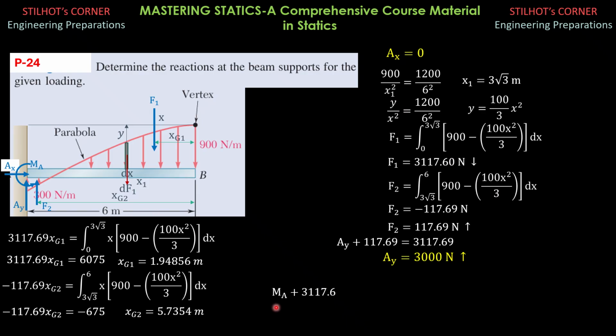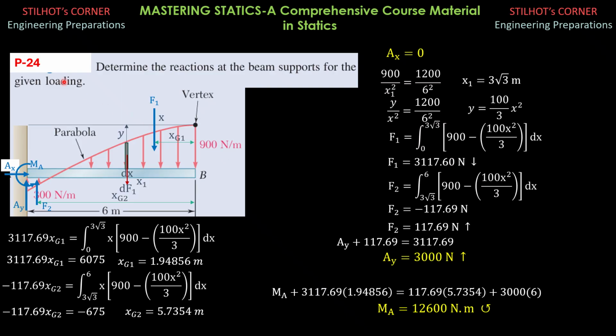So that is MA plus F1 times 1.94856 equals F2, 117.69 clockwise moment, times 5.7354 plus AY, 3,000 times 6. So MA is equal to 12,600 newton meters counterclockwise. So that's it.